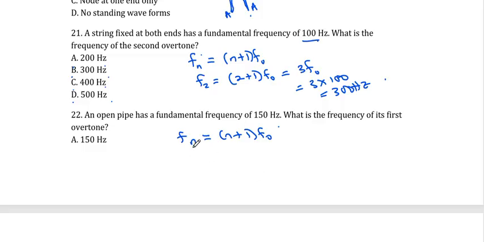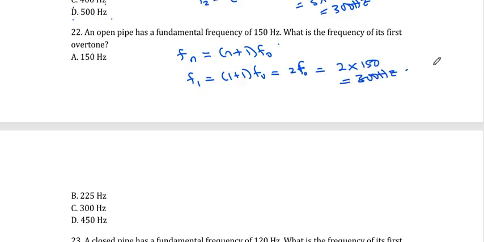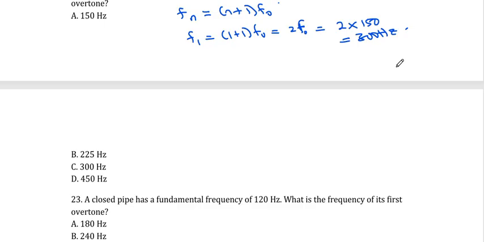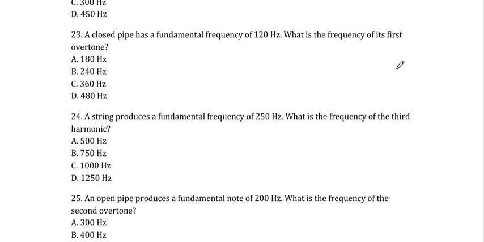So the first overtone, f1, is going to be 1 plus 1 times f naught, which is 2 times f naught. So 2 times the fundamental frequency means 2 times 150, and that is going to give us 300 Hertz.